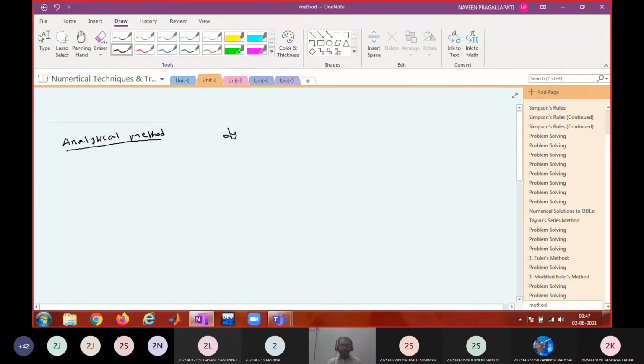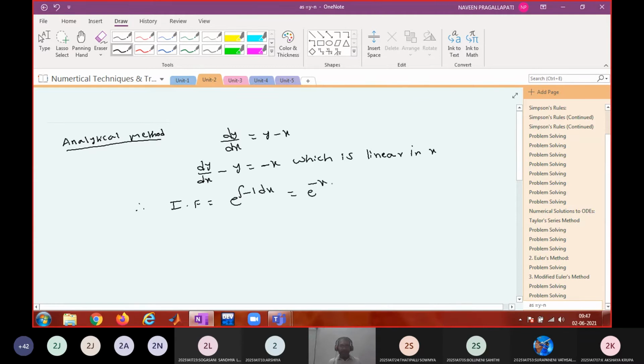dy by dx is equal to y minus x, so dy by dx minus y is equal to minus x, which is linear in y. Therefore, the integrating factor is e power integral of minus 1 dx, which is e power minus x.